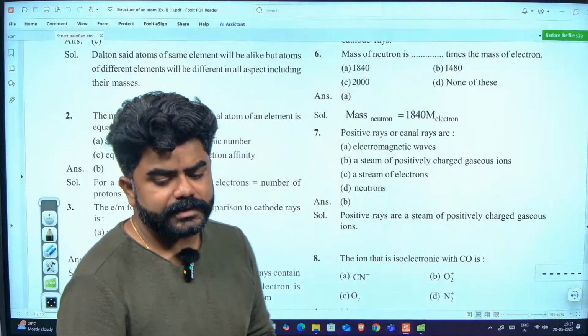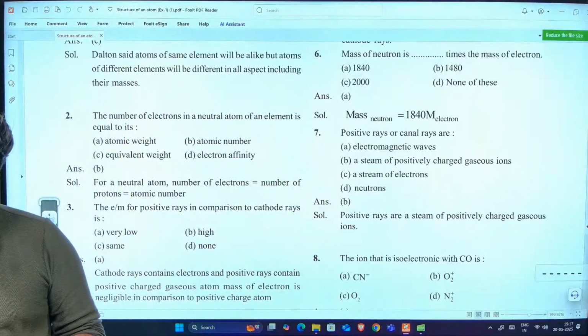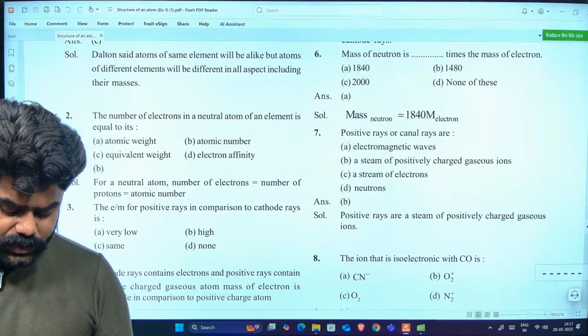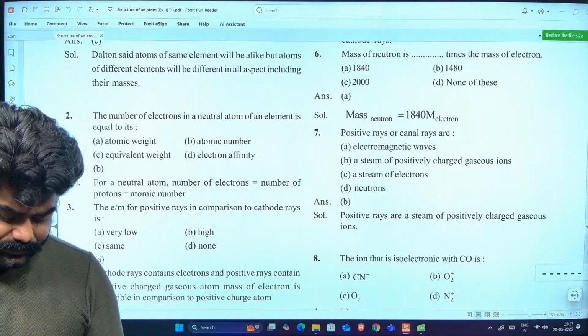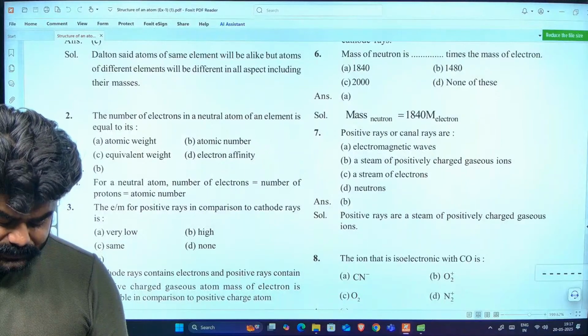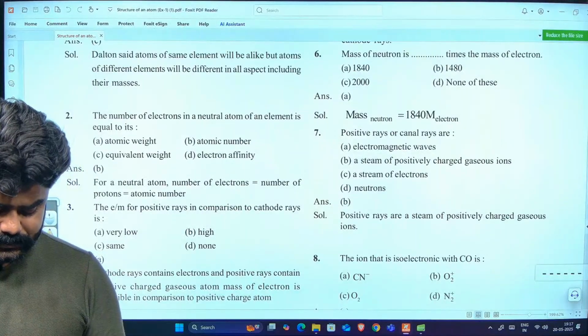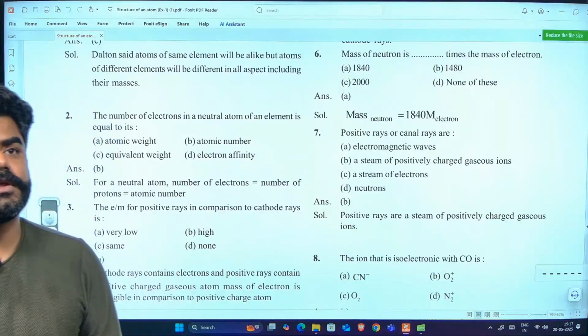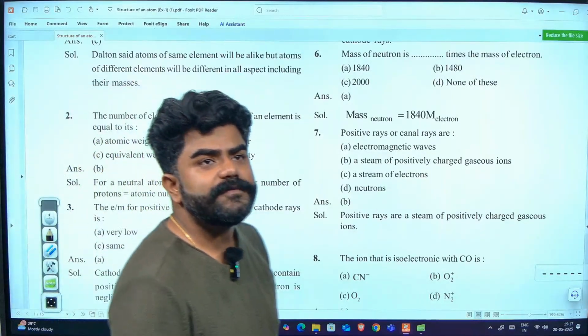Yes, sir. What are isoelectronic species? Sir, if A and B are isoelectronic species, then A and B have the same number of electrons. Exactly. If A and B are isoelectronic, they will have the same number of electrons.